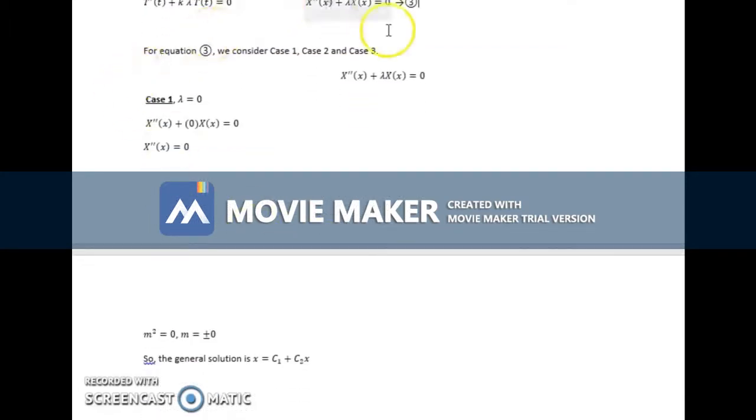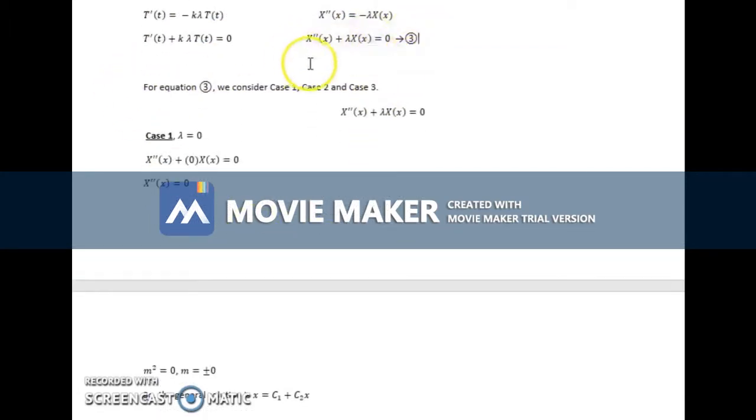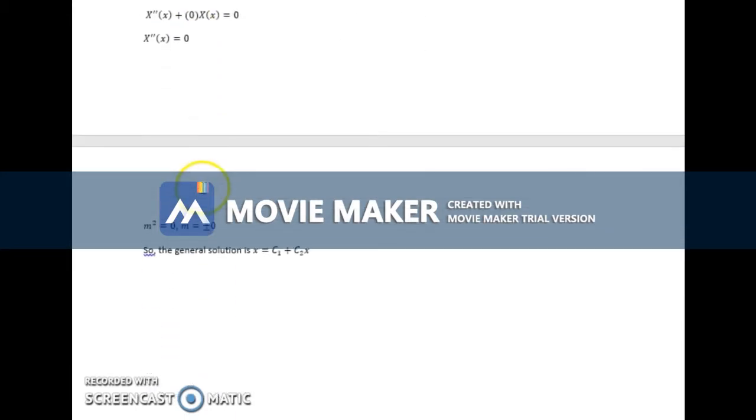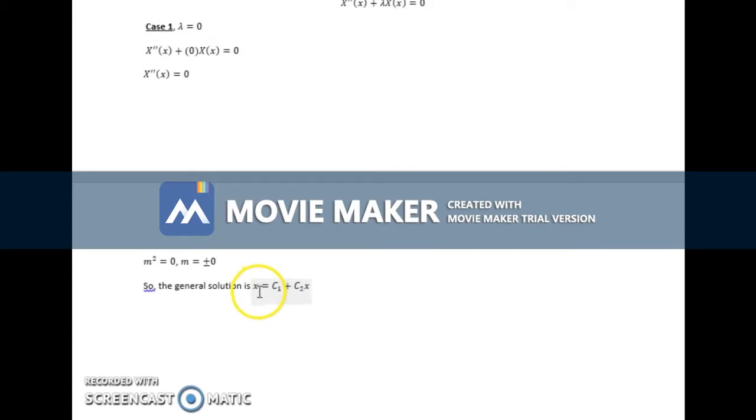For equation number 3, we consider case 1, case 2, and case 3. For case 1, we have lambda equal to 0. Then we substitute to get the general solution, so the general solution for case 1 is X equal to c1 plus c2 x.